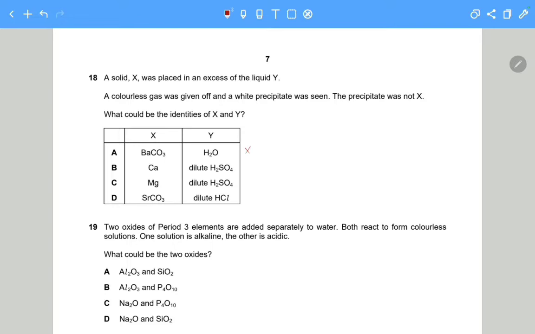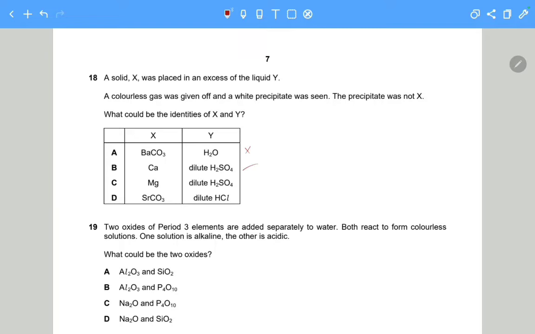Calcium and dilute H2SO4. Calcium sulfate is formed here, so the solubility of the sulfates decreases, and therefore there'll be a white precipitate. So this can be a feasible option because the precipitate will not be X, because X is calcium. The precipitate is calcium sulfate.